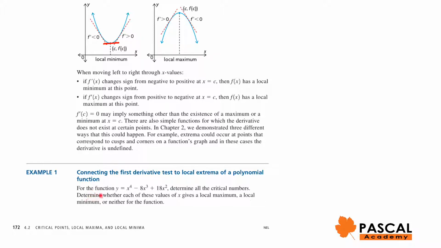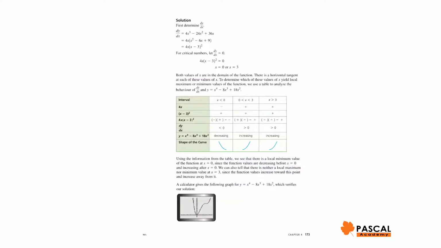Example 1. For the function f of x equals x^4 minus 8x^3 plus 18x^2, determine all critical numbers. Determine whether each of these values of x gives a local maximum or local minimum or neither. We find the derivative of the function. The derivative of x^4 is 4x^3, the derivative of 8x^3 is 24x^2, and the derivative of 18x^2 is 36x.